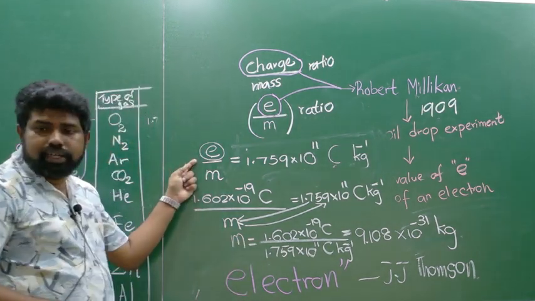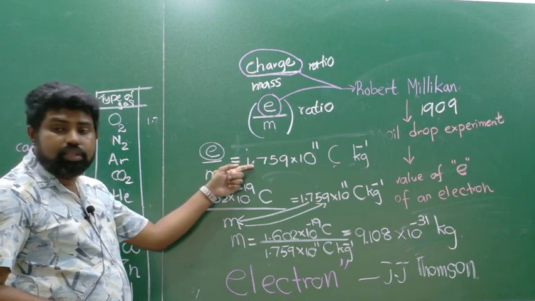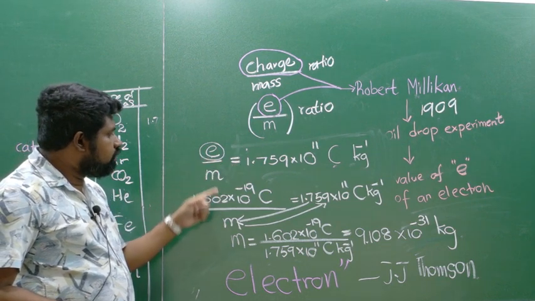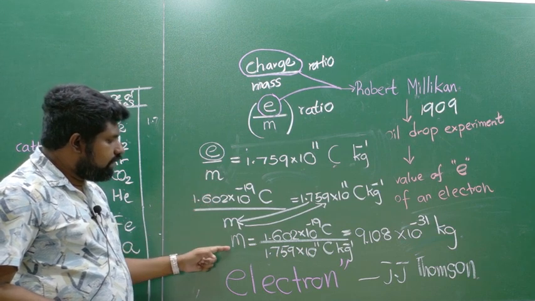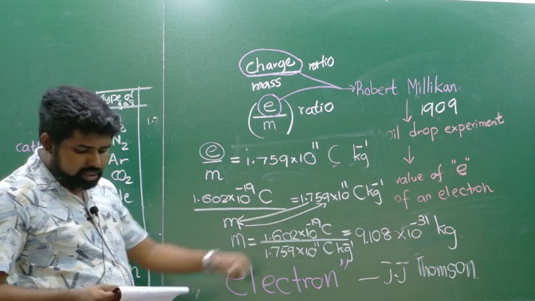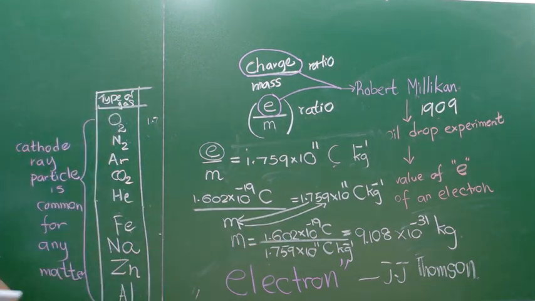Now, first write e over m equals the e over m value, then substitute the value for simple e, then make simple m the subject and get the answer. Okay, calculate it.